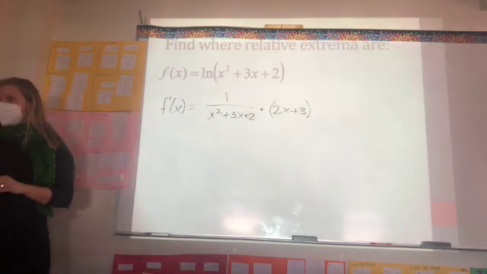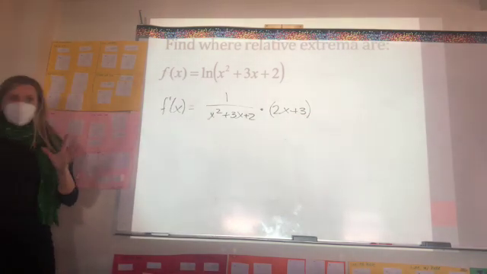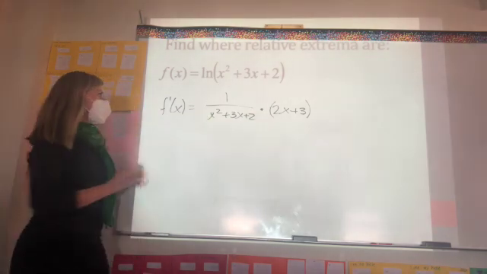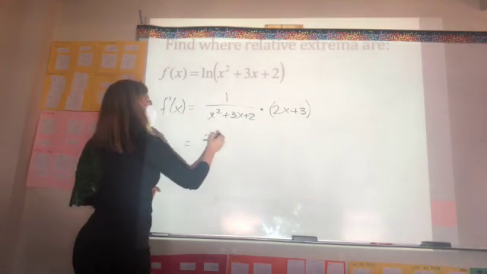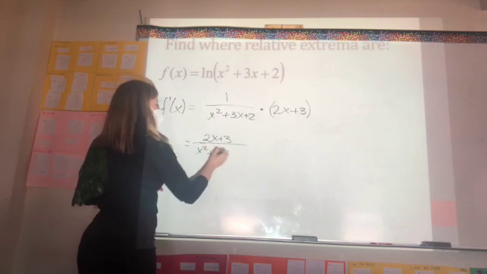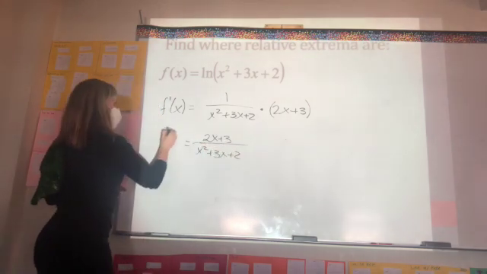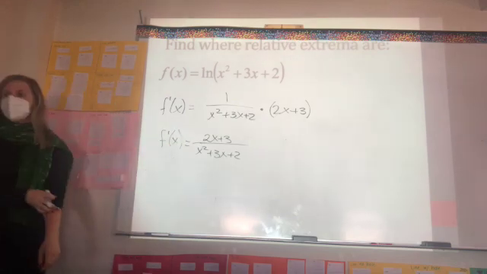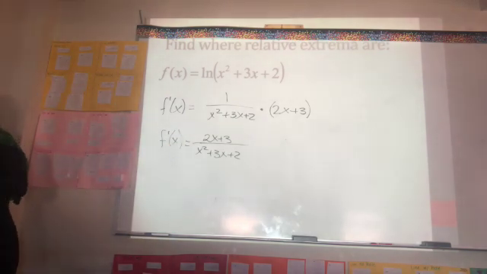That is 1 over u du. I can simplify this and put this in the numerator, which I'm going to do: 2x plus 3 over x squared plus 3x plus 2. So that's the derivative. Not too bad, yeah?